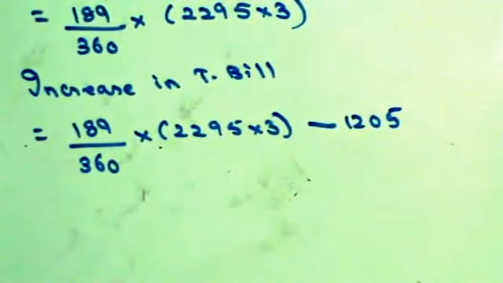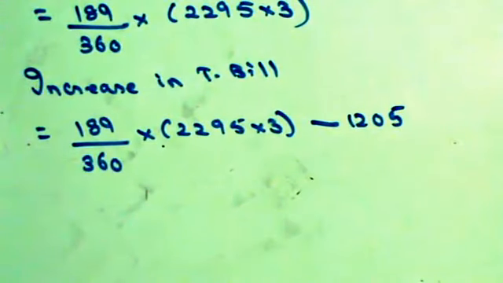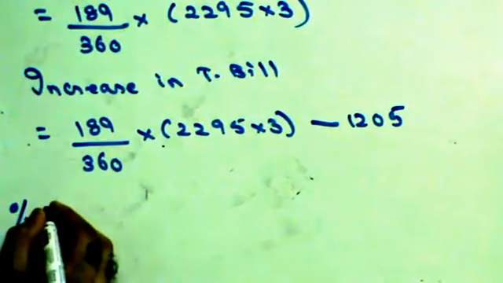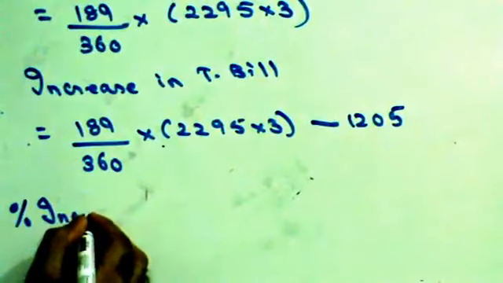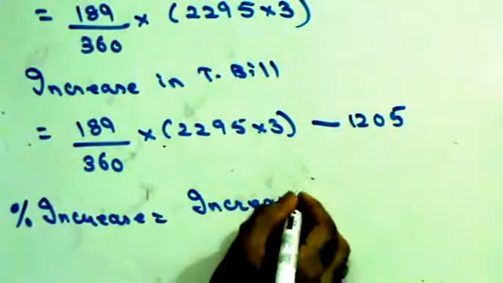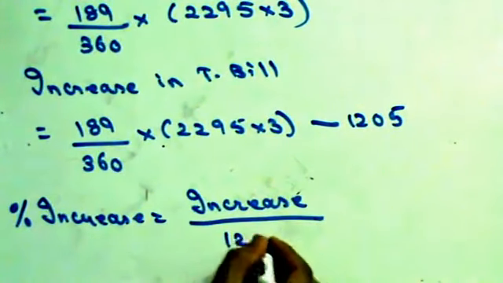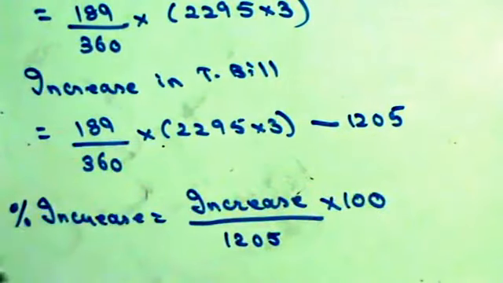They've asked you the percentage increase. Percentage increase will be the increase, which we have already found out, upon the original T-bill amount. The original T-bill amount is 1205 into 100. So you should be able to get the answer for this. I'm not showing you the calculation. You should be able to get the answer for this, right? Next, let's see the next one.